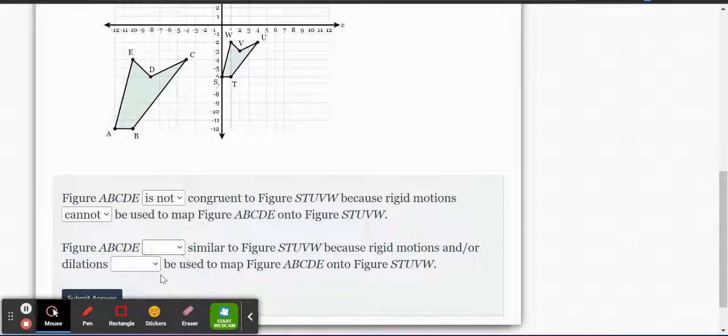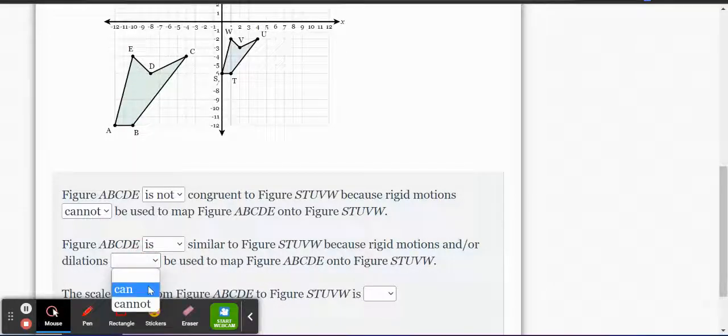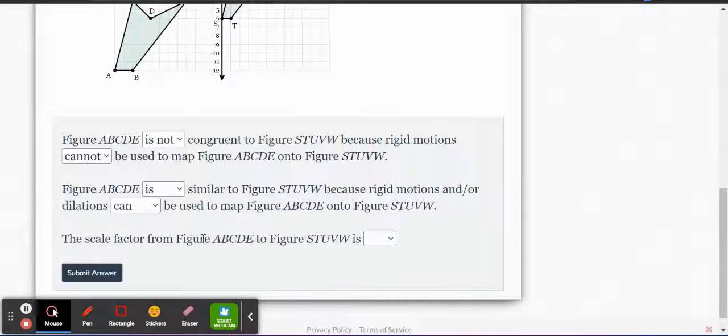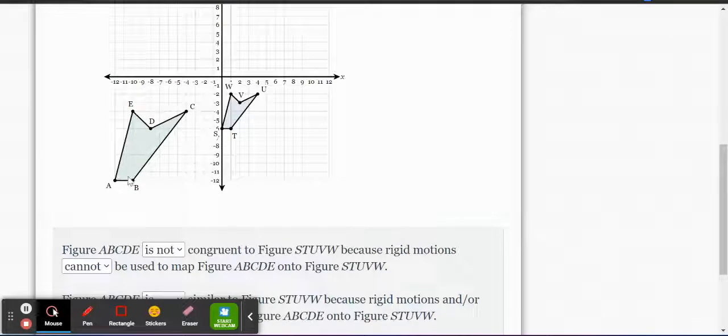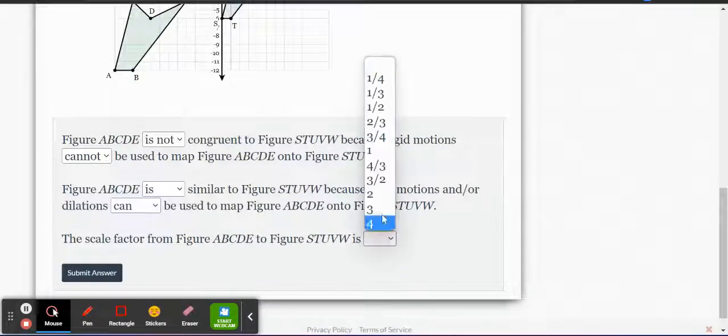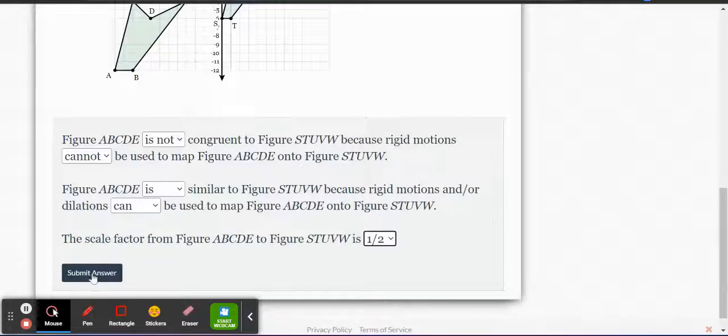It is similar because dilations are done. And the scale factor, going from here to here: AB is 2, ST is 1. So when it goes from 2 to 1, the scale factor is 1/2.